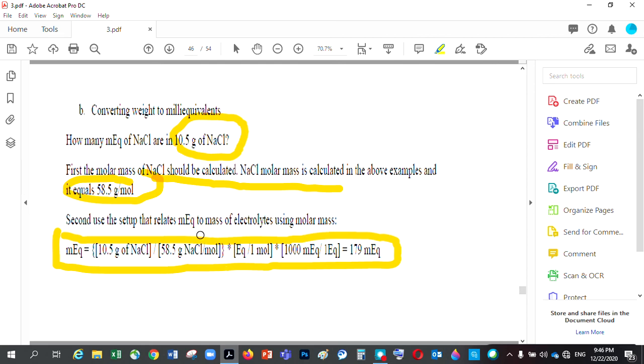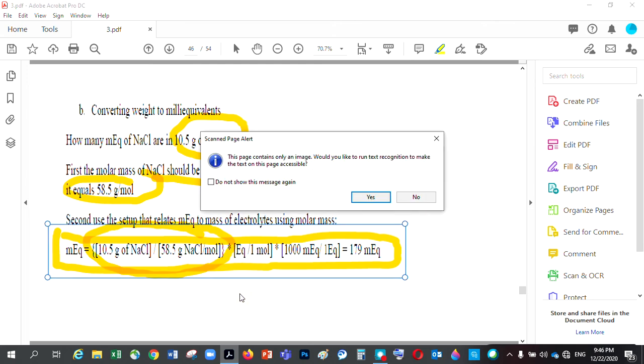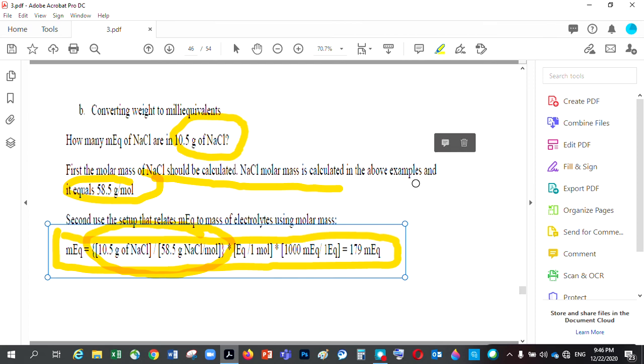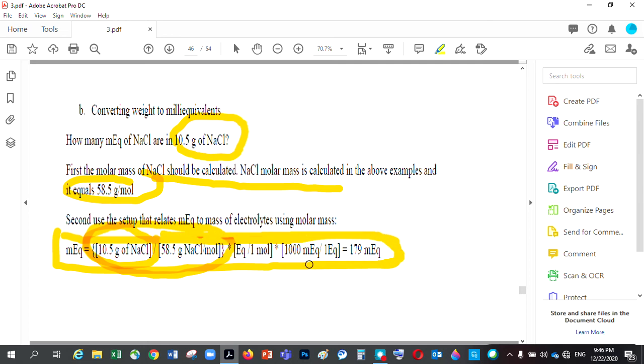So here it is, this is to get number of moles. And then I multiply here by equivalent per 1 mole. So this is by itself here, divided by the molar mass, correct?